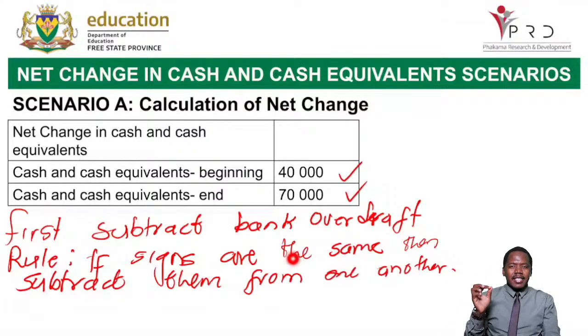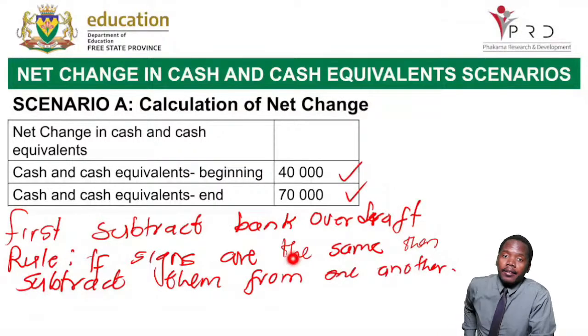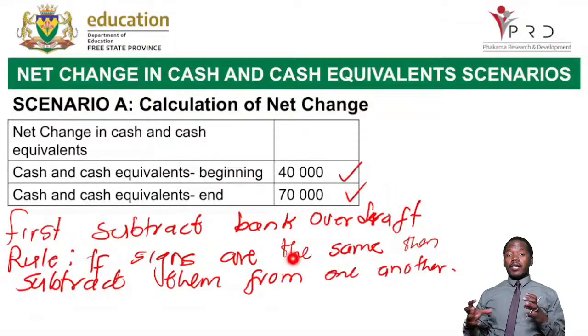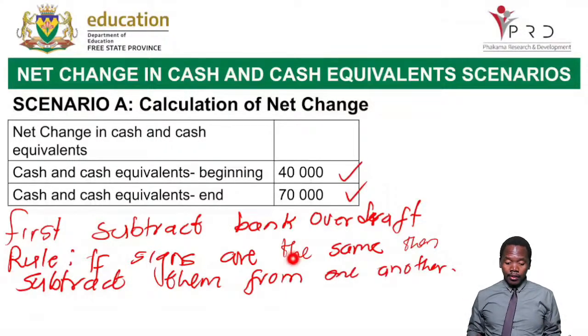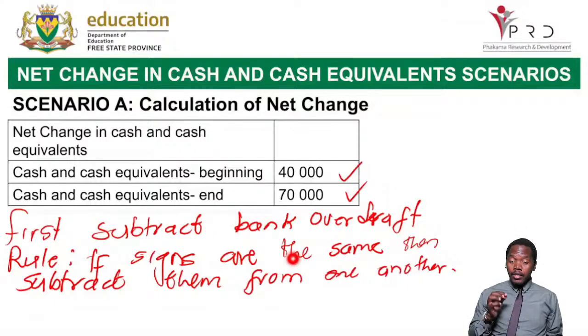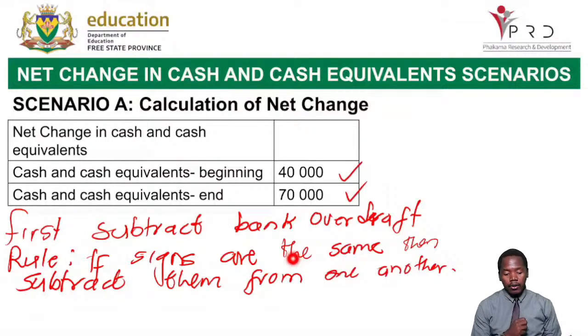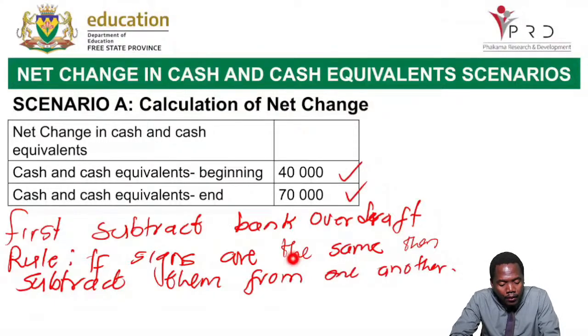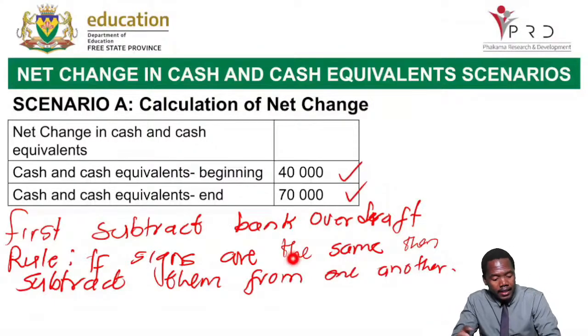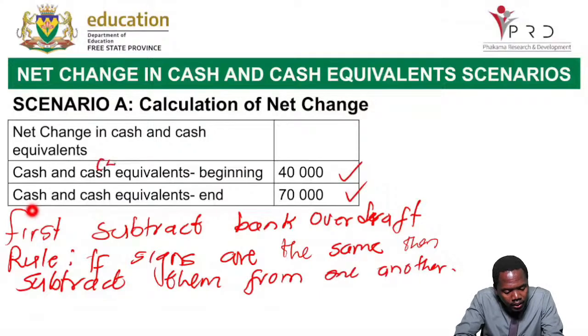This is an easiest way of winning here. Remember, we are on the last push. We are coming to an end of our revision. What we need to do here, we need to find easier ways of getting answers. So for me to calculate the net change correctly, for me to determine the 40,000, I would have subtracted. Meaning I would say 40,000 minus the bank overdraft.